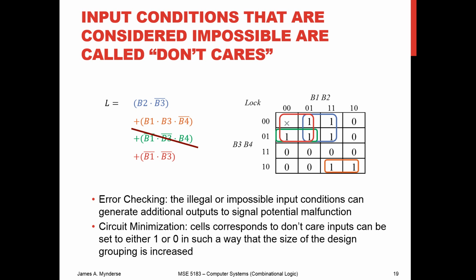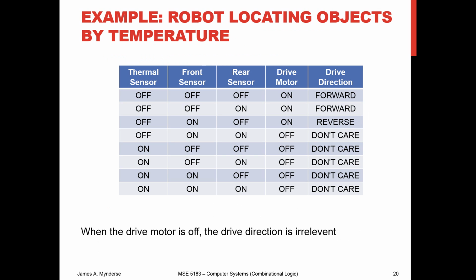Why would we do this? Well, we can do this for error checking, we can do this for circuit minimization, but the big thing I've run into is there are certainly input cases that just shouldn't happen. Let me give you an example, one that we used a couple years ago. We had a thermal sensor, a front sensor, and a rear sensor on a robot, and it was locating objects and then trying to differentiate them based on temperature.